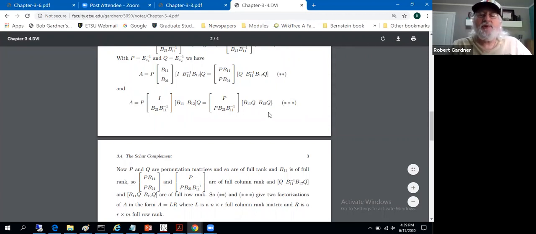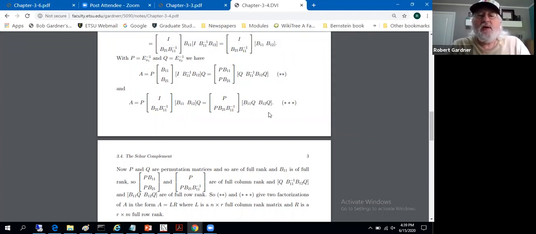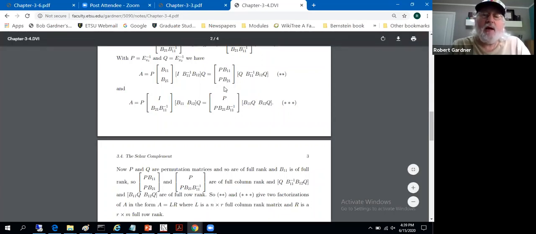So a couple of sections ago, we did this. Here we've got L, a full column rank matrix. Here we've got a full column rank matrix as well.